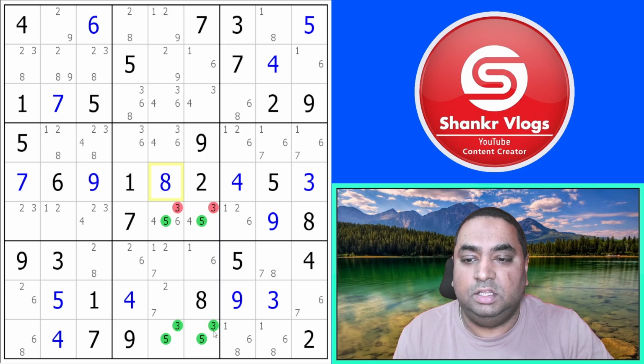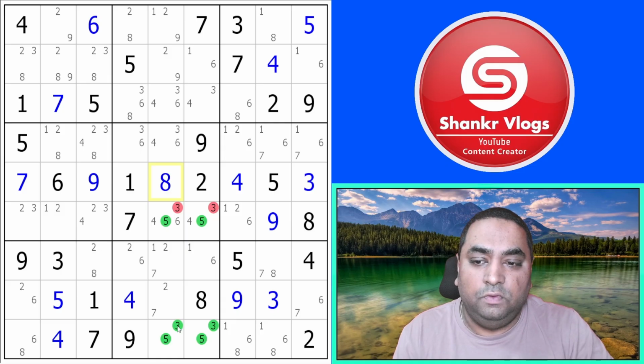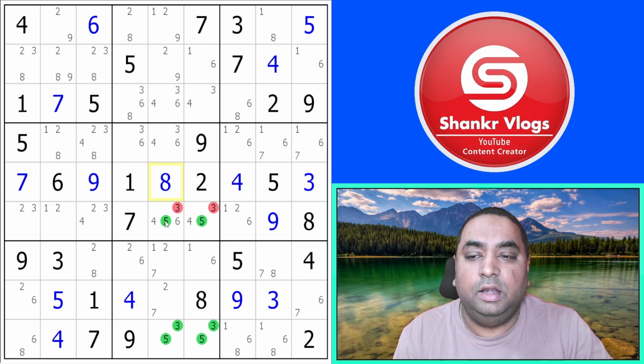It has to be only 3 and 5 in one set of non-diagonal cells. Now if you see the opposite pair of non-diagonal cells, here we see additional candidates 4 and 6. We don't need to concentrate on additional candidates now. Now we are concentrating on only UR candidates, that is 3 and 5.